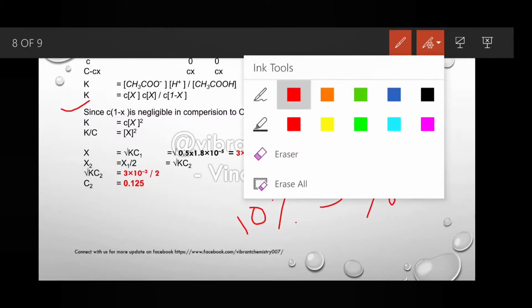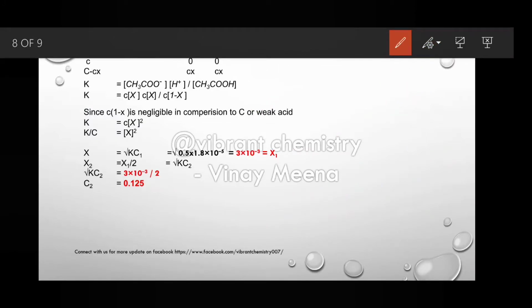Alright, this acetic acid being a weak acid, C into 1 minus X is negligible in comparison to C. In that case your expression becomes K equal to C into X square, and when you calculate the value of X, it comes out to be under root of K by C1.